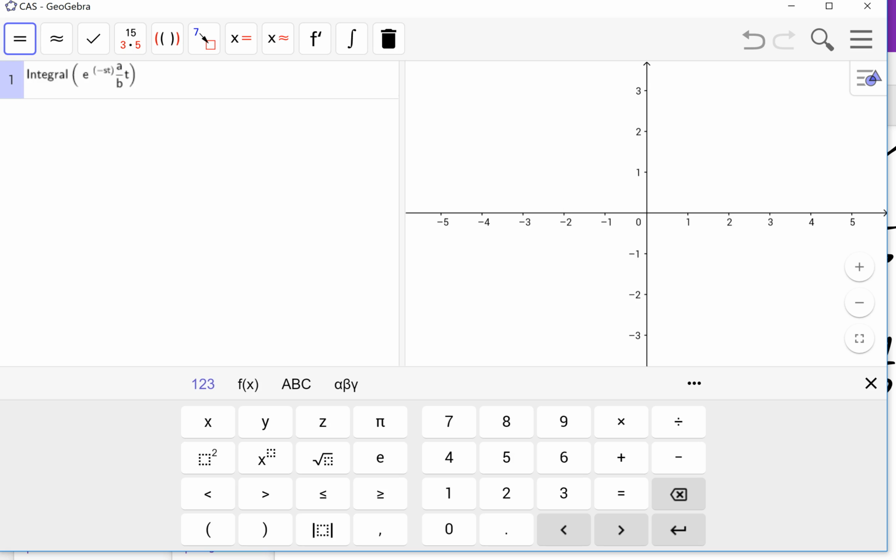Let's put in some multiplication signs just in case GeoGebra has any issues. And we want to do that with respect to t, and we want to go from 0 to b. There's our integral result.